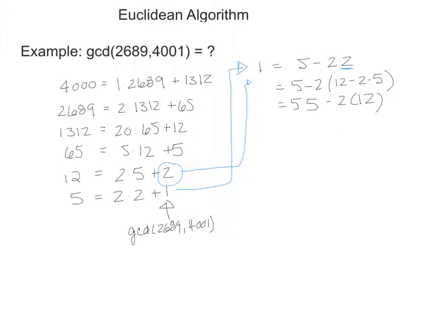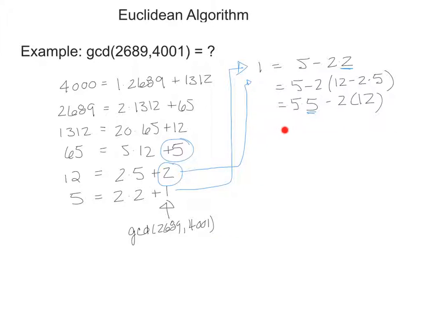In my next equation, my remainder is 5. So I'm going to substitute it for one of these 5s here. So again, for this 5, I am going to substitute 65 minus 5 times 12.